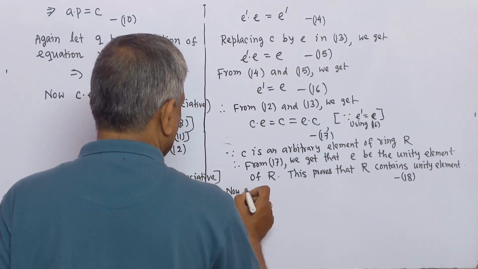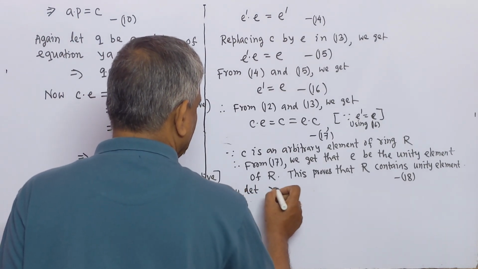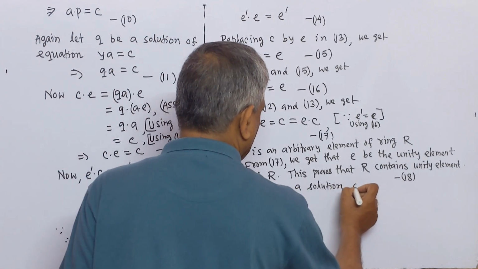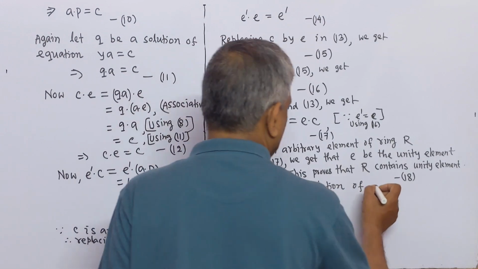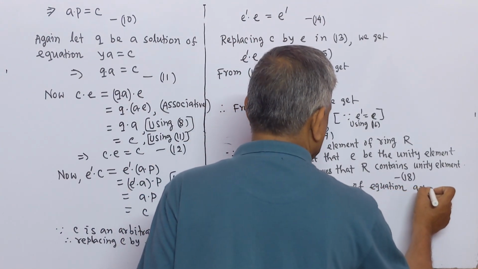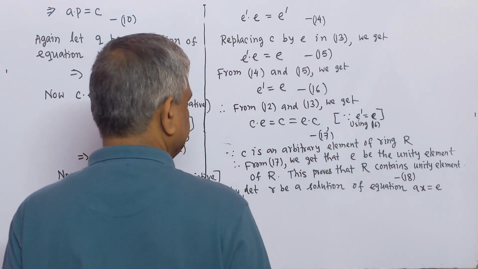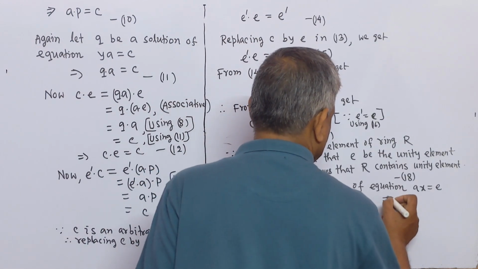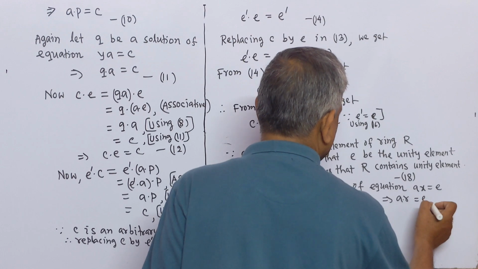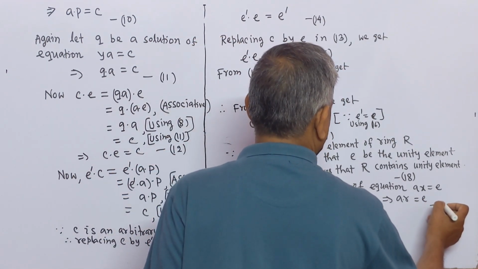Now let R be a solution of equation AX equal to unity element. Implies that AR equal to unity element. This is number 19.